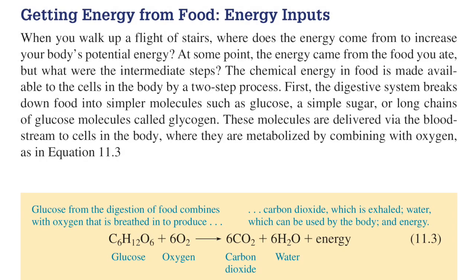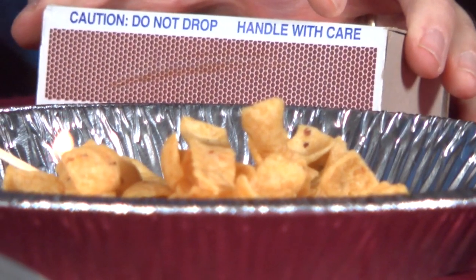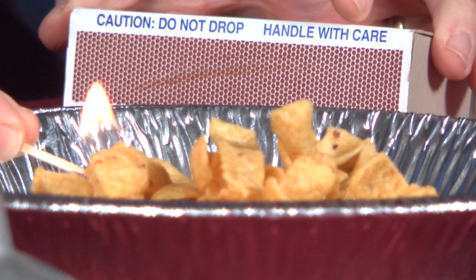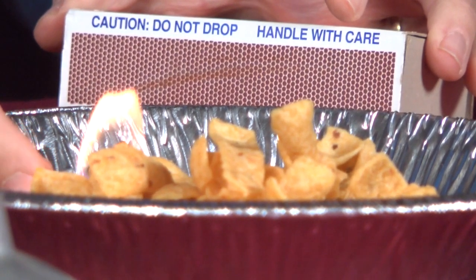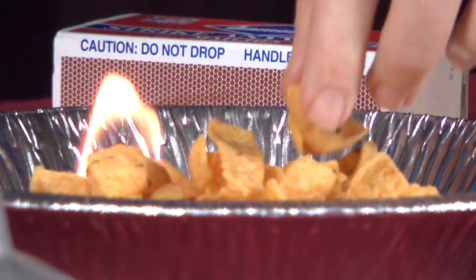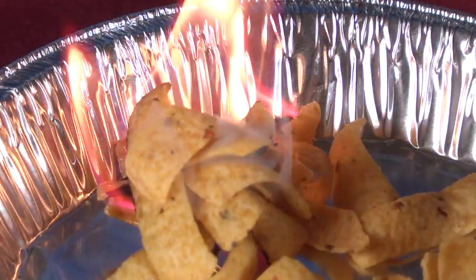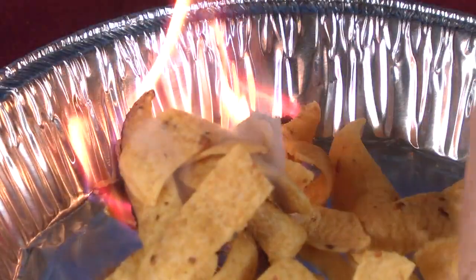And so the process that I'm doing here looks different, but chemically is actually very similar to what happens in your body. Take a match, and I strike it, and it turns out that these chips are pretty high in fat content, and so they burn pretty well. And this amount of energy that we're seeing here, this is 160 calories, approximately.